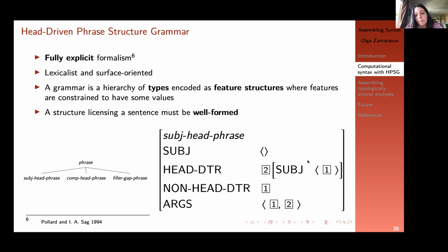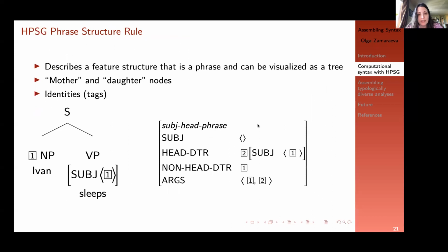For example, this feature structure is saying essentially, and it's easier, I think, to demonstrate on the next slide, that the subject of this clause was already found, it was already attached to the verb, and furthermore, it was attached here on the left as the left daughter, and furthermore, this left daughter is not the head.